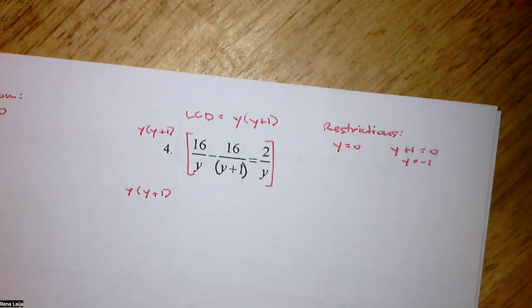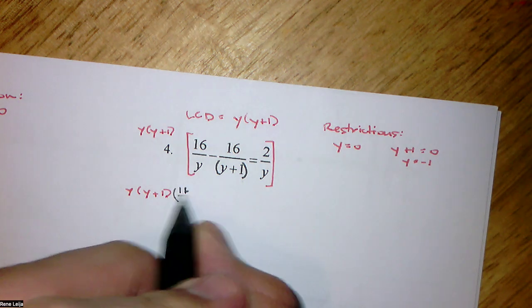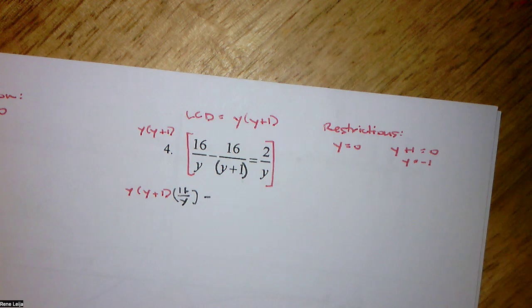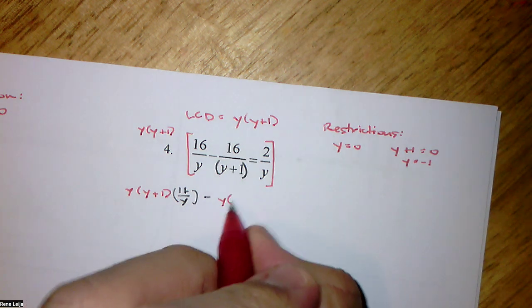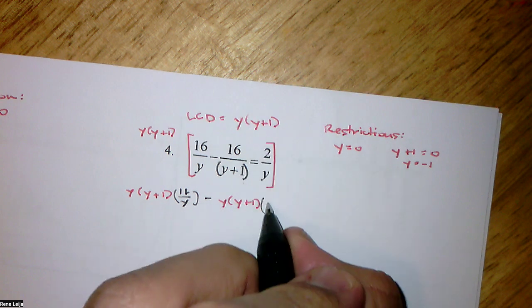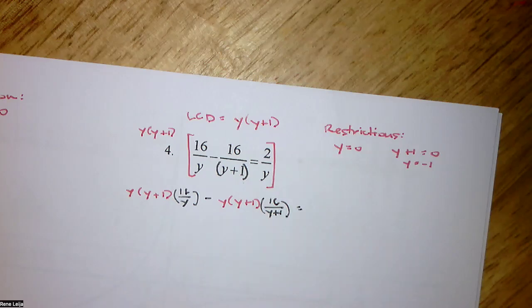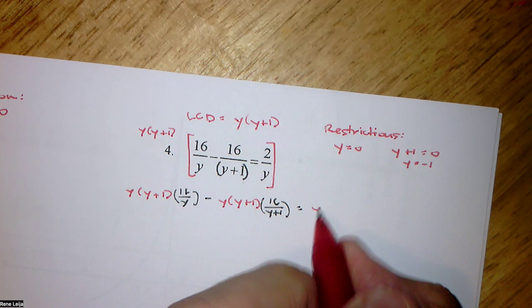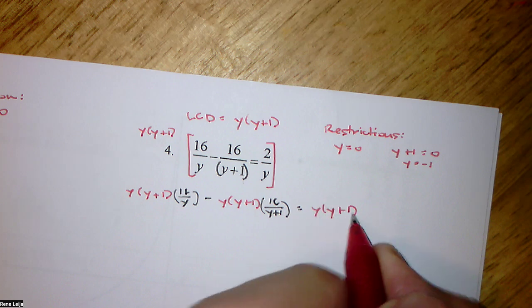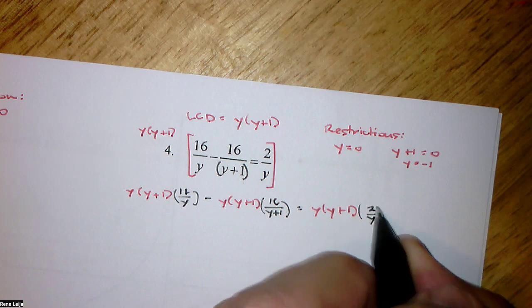So here's our LCD times our first term, which is the 16 over y, minus, then we have the LCD y times y plus 1 times our second term, which is 16 over y plus 1, equals, then we have our LCD y times y plus 1 times our last term over here, which is 2 over y.